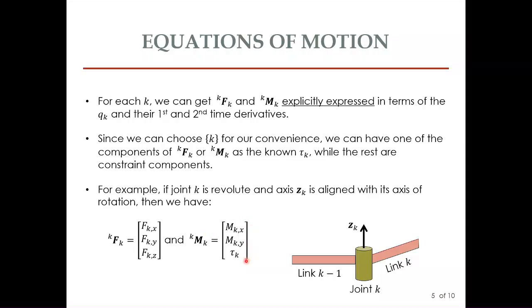Okay? So tau k will be in one of these 6 components, depending on where the freedom is. And tau k will be some known torque or force applied by the actuator sitting in that joint. If there is no actuator, just replace that tau k with 0. Okay, but tau k is the known component. All right.